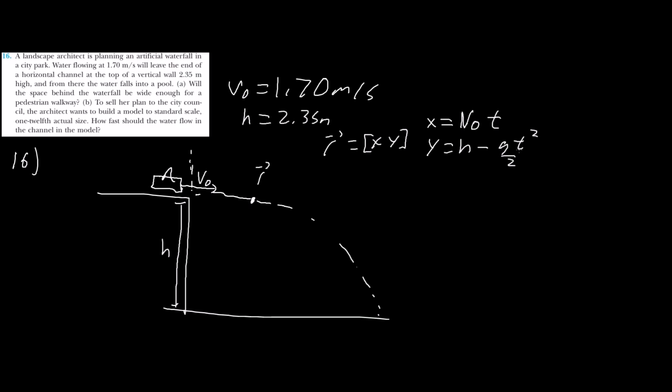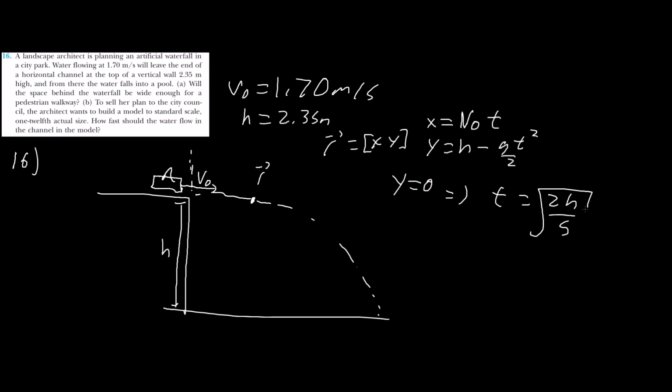So let's find the time it takes for y to reach 0. So once you do that, y is 0, so h on both sides, change the signs, multiply by 2 on both sides, divide by g, so that would be 2h divided by g equals t squared, so we're going to square root. There you go, beautiful, folks.